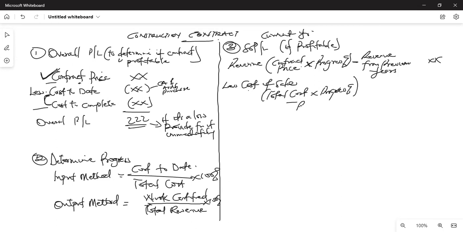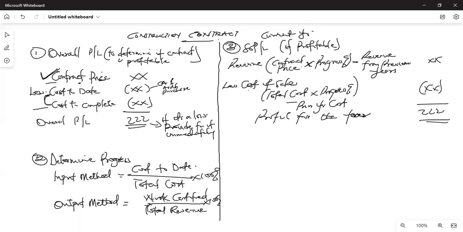Prior year costs. You need to less your prior year cost, just as you do here. So you have your costs, you take off. Then that one will end you up with your profit for the year. All right, this one was the overall. This one is for this year in perspective.